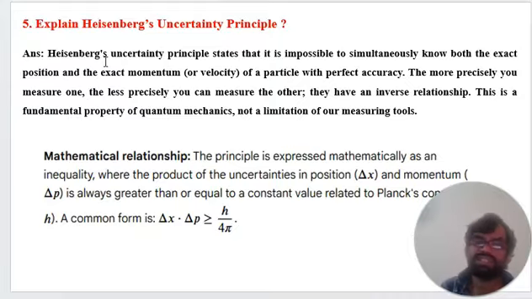The more precisely you measure one, the less precisely you can measure the other. They have this inverse relationship. This is a fundamental property of quantum mechanics, not a limitation of our measuring tools. You can see the mathematical relationship, the formula, and understand this one.